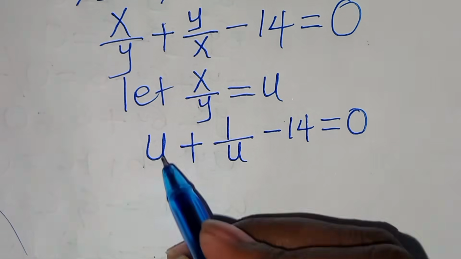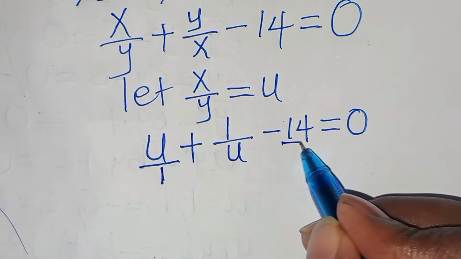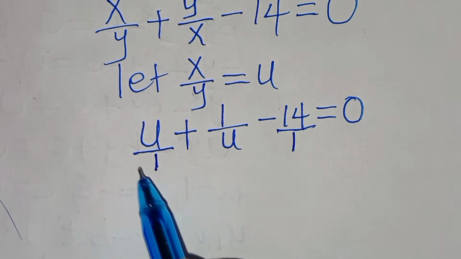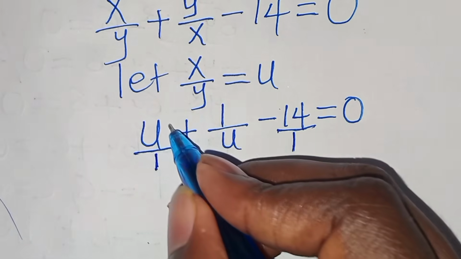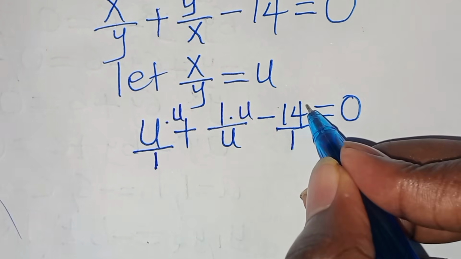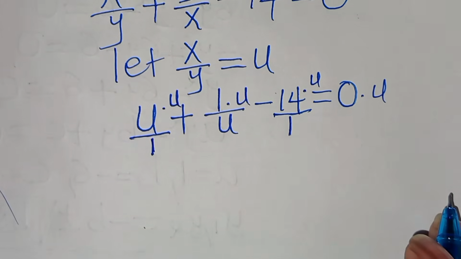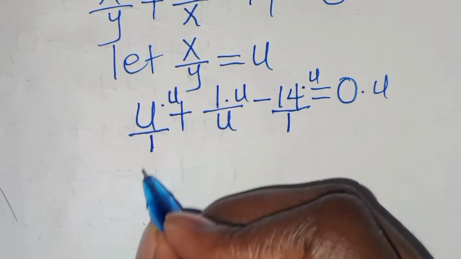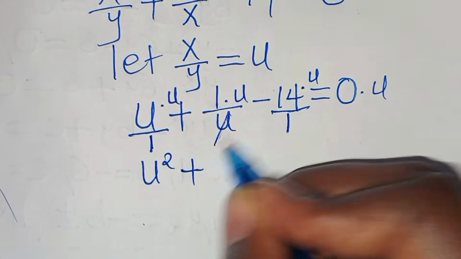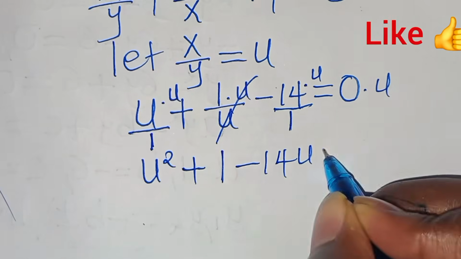We have that u is over 1, and 14 is also over 1, so the LCM here is u. So let's multiply everything by u, so that now we have u squared, then plus u times 1 over u simplifies to 1, minus 14u. This is equal to 0.